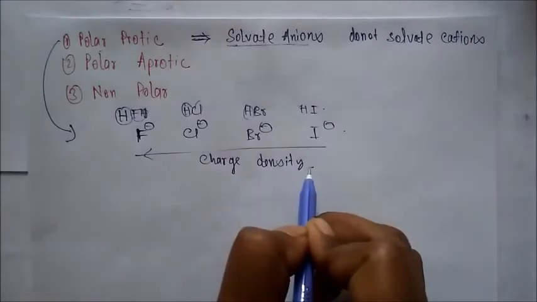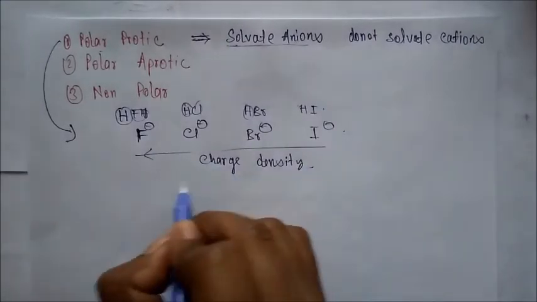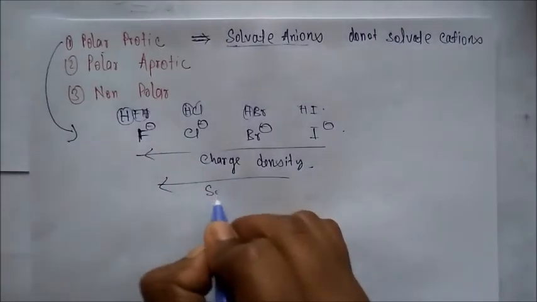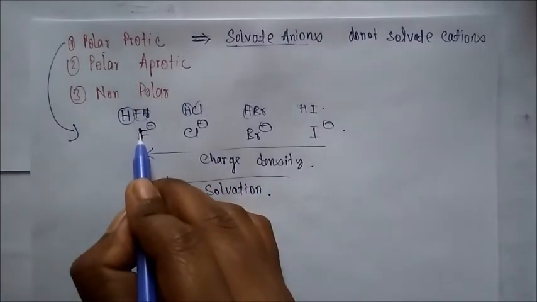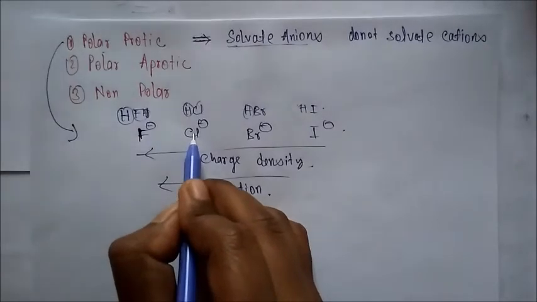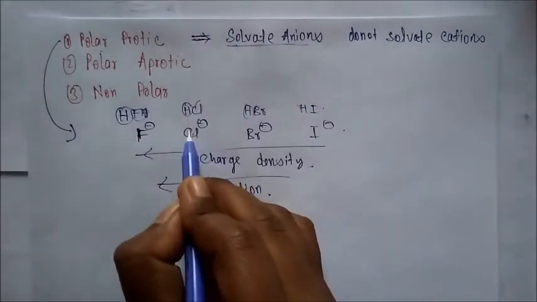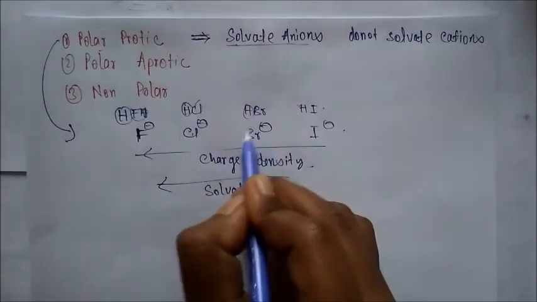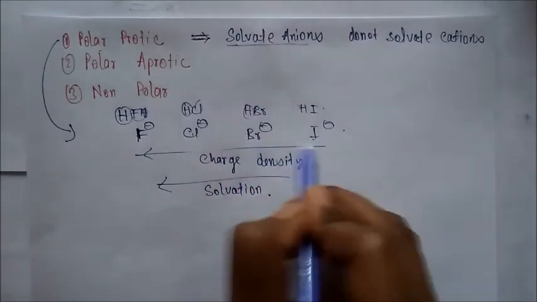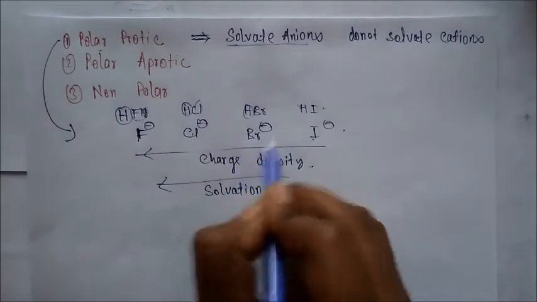As the charge density is more, there will be more solvation. So here there will be more solvation compared to Cl minus. Cl minus will have charge density more than Br minus, so more solvation of Cl minus than Br minus. As well as for these two also, Br minus will be more solvated.